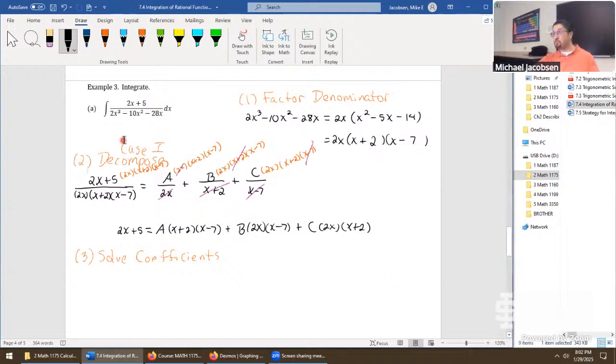Solving for the coefficients is really fast in case 1. Here's what we do. If you want to solve for the coefficient a, you just want to pick one value for x. There's one specific value that will solve for a as a coefficient. Anyone see what it would be?